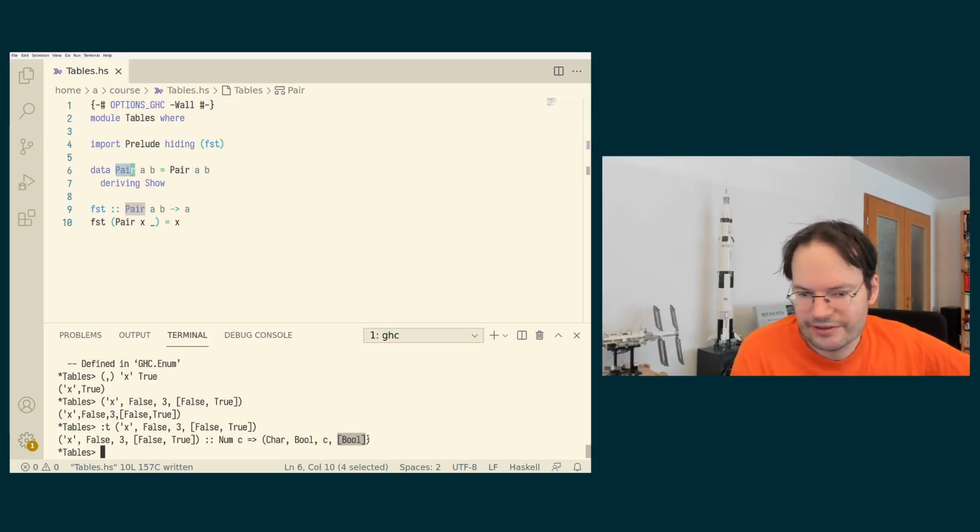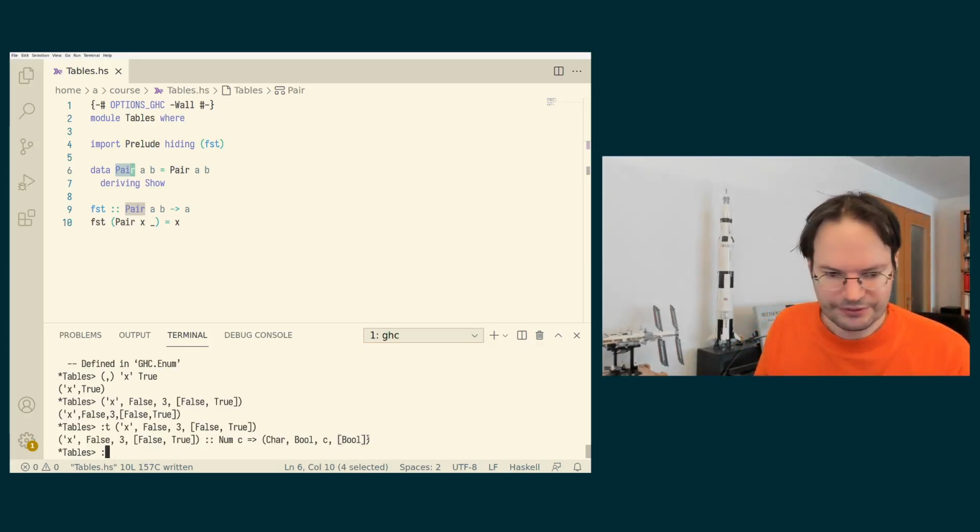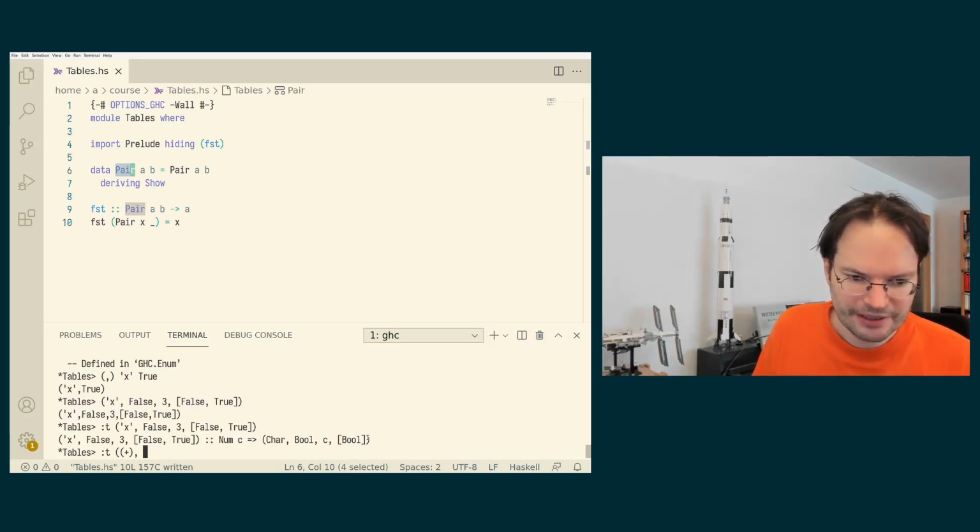And functions can be part of all these as well. So I could say I want to have a tuple which has as the first component the plus function, and as the second component the take function.